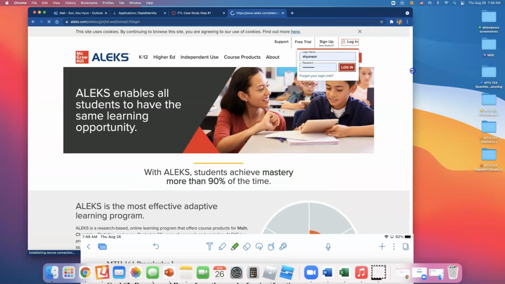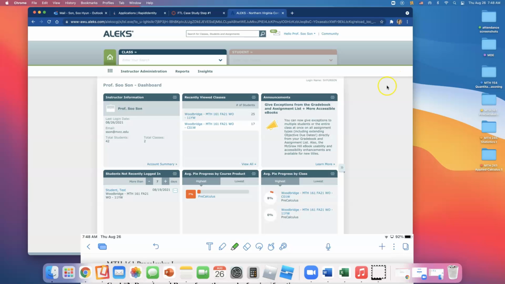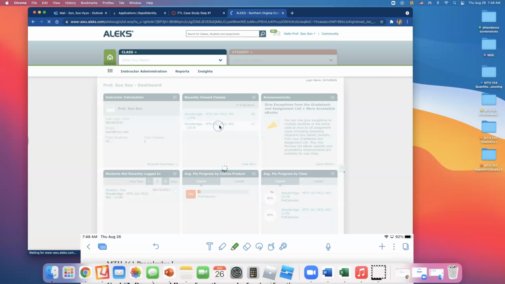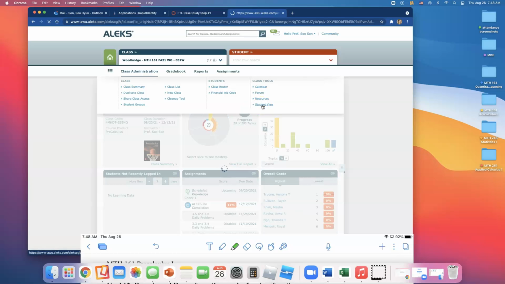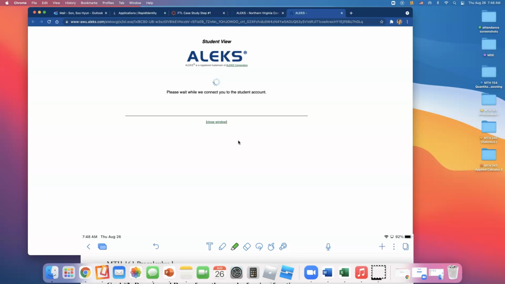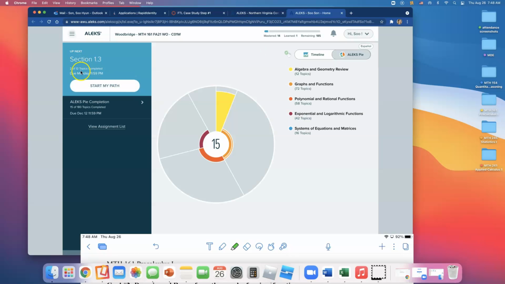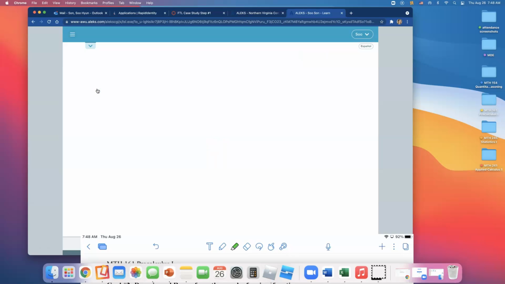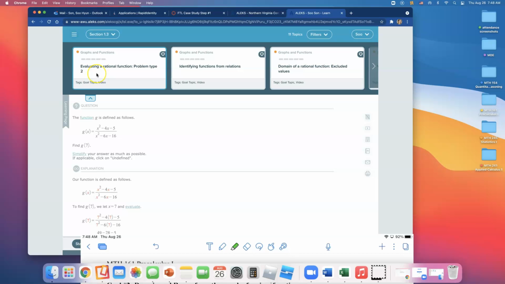So if you're ready to do some practice problems on that particular topic, what you can do is go to ALEKS and go to the 1.3 homework. Let's say start my path. And this is called domain and range from the graph of a piecewise function. So I'll go find that for you.